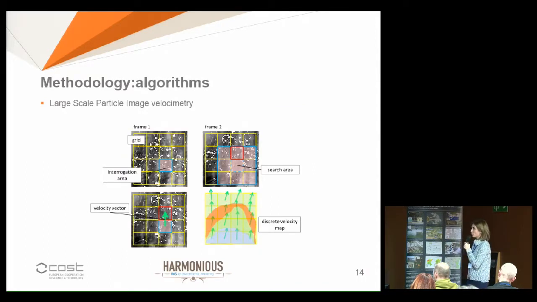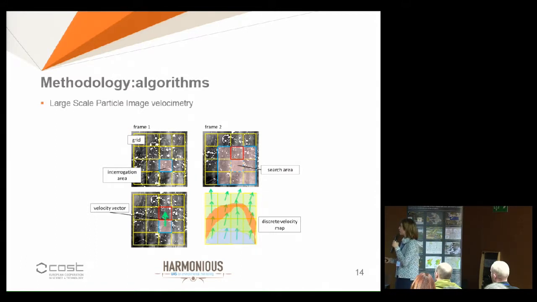Okay, so how do I get velocities out of images? I apply some velocimetry algorithms, and some of you may be aware of them already. One of them is large-scale particle image velocimetry. This is a high-speed cross-correlation algorithm, and it's very simple.